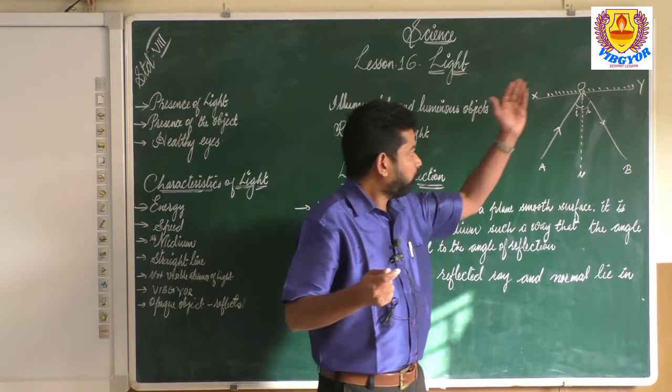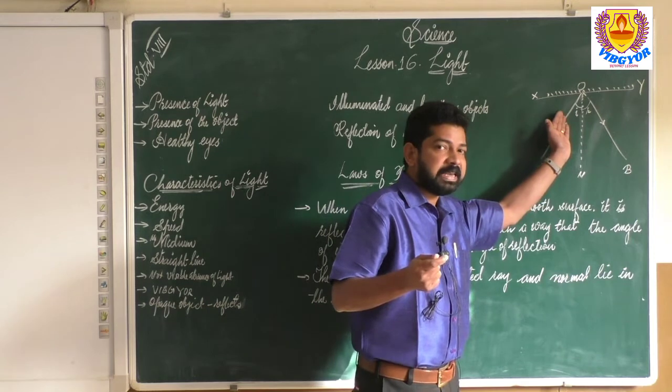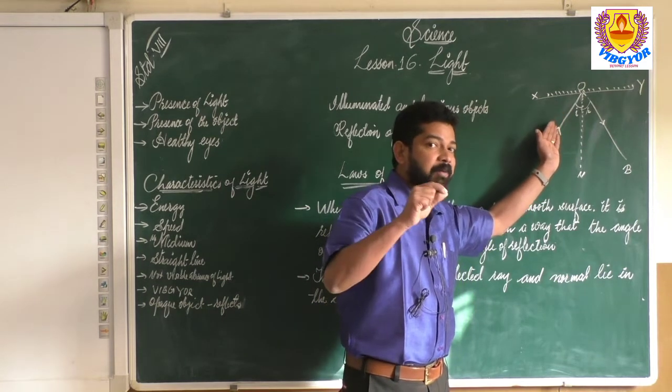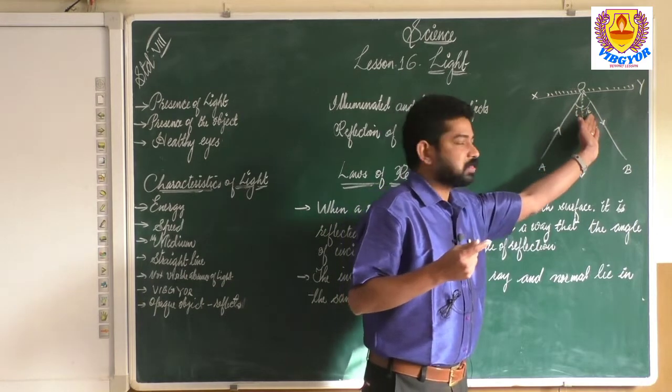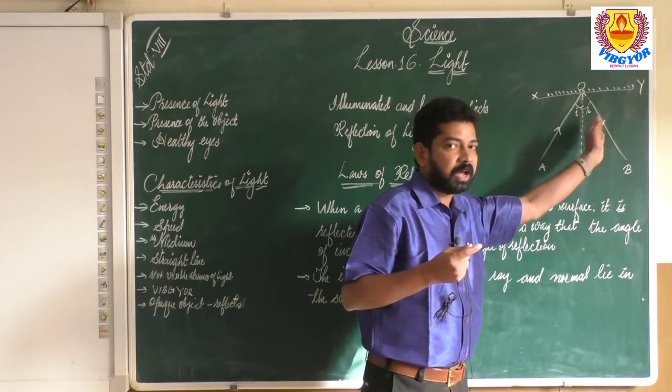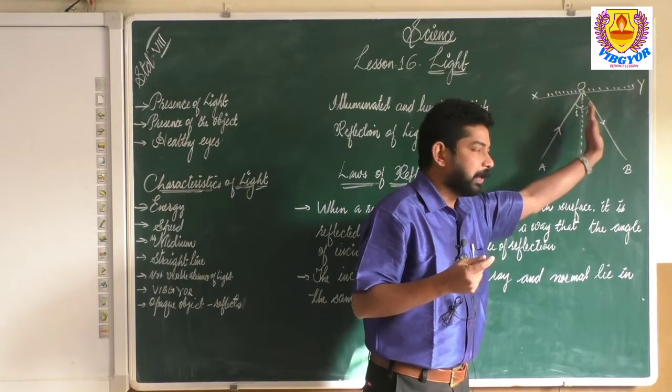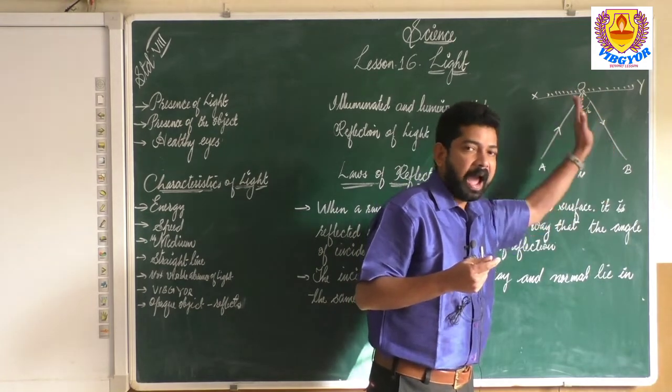So this is the angle of incidence, the angle between the incident ray and the normal, and this is the angle of reflection. What is the angle of reflection? The angle between the reflected ray and the normal.